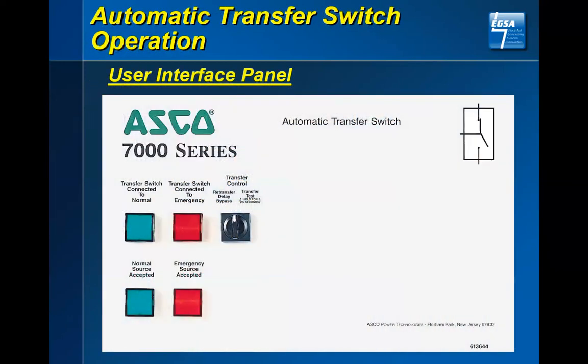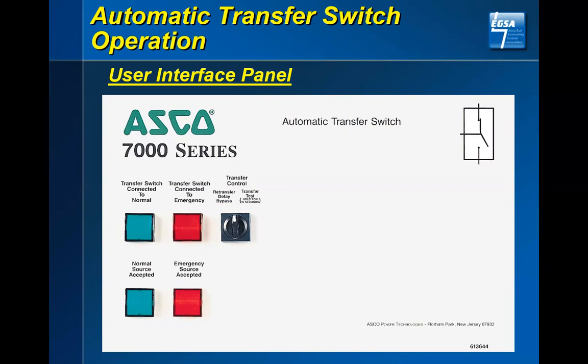This is just a typical picture. If you look on the top, you have a light that says I'm connected to normal or I'm connected to emergency. Those lights will be illuminated, whichever one. Another comment is you'll see in a specification that they'll want spare lights. Any of you who have children know those little light bulbs that you screw in, the night light type.